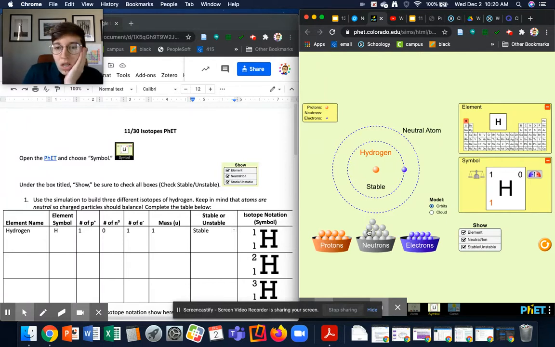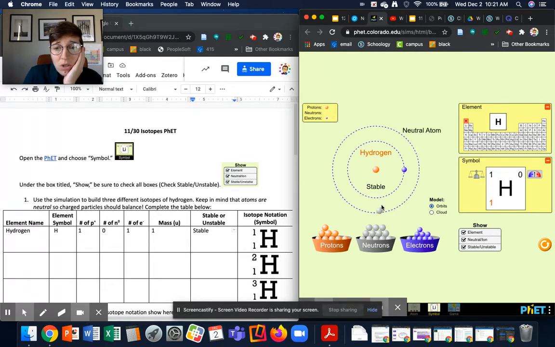Let's add some things and see what changes. If I add a proton, it did change to a 2, but it also became a positively charged ion, +1 there, and a 2 at the bottom. And this one has a 1 at the bottom, so it's not the proton. Let's try an electron. All that changed was the charge went to a -1. We didn't change these numbers at all when we added an electron.